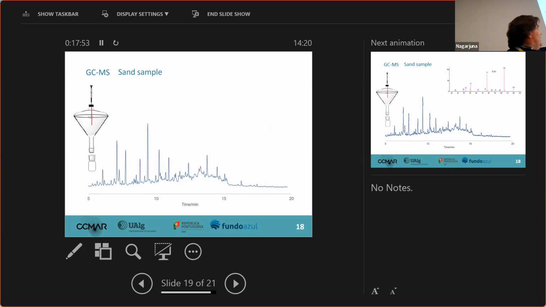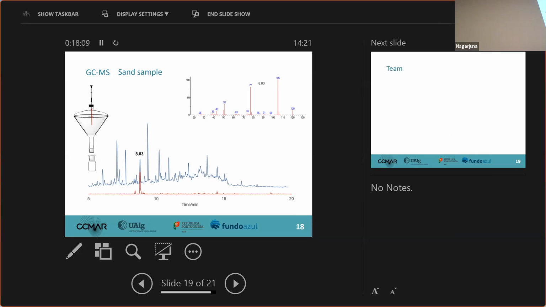However, if we want to know if, for example, acetophenone is there, 120 is the molecular ion, you can make an extraction of this full scan profile and you get a peak there. And you can detect the presence of polystyrene using this compound or using any other of the formed compounds. Okay? So this method is complementary with fluorescence.